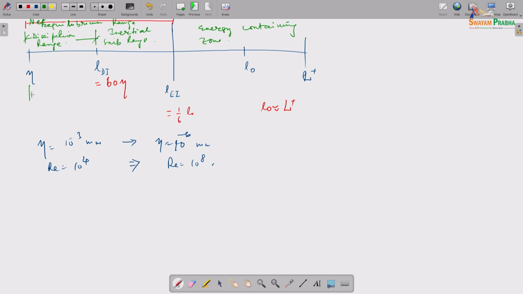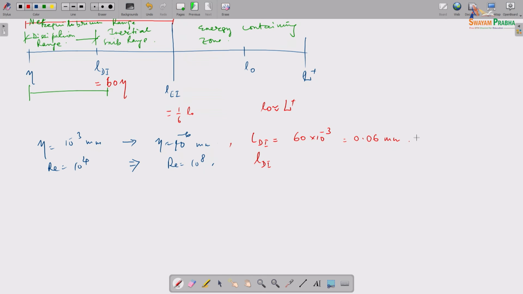Now this is the range that we are talking about. Let's say 60 eta or LDI, which is the cutoff for this thing. So LDI is equal to this, and L of DI.